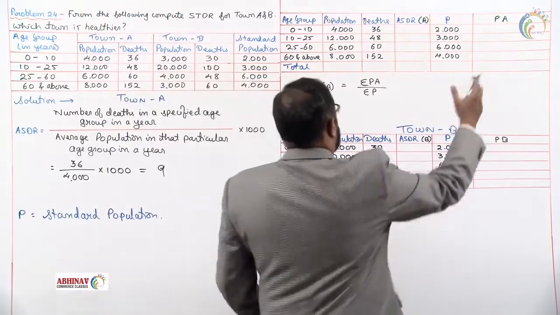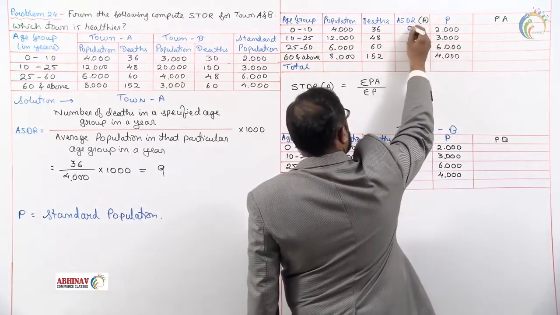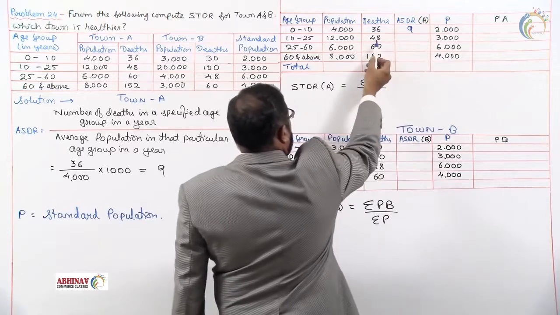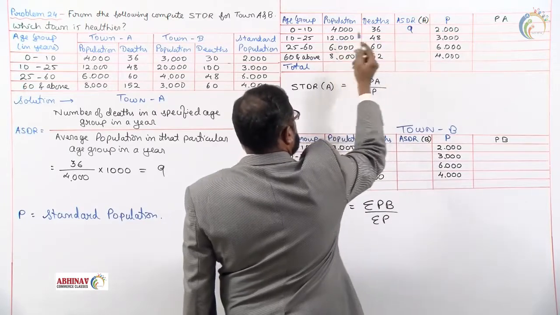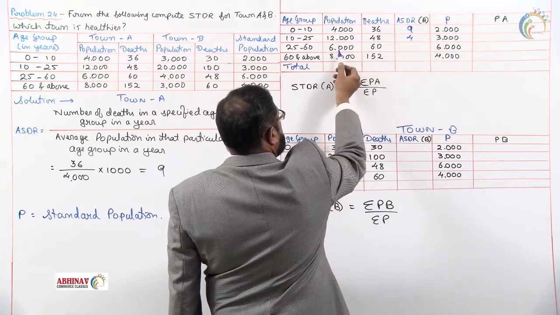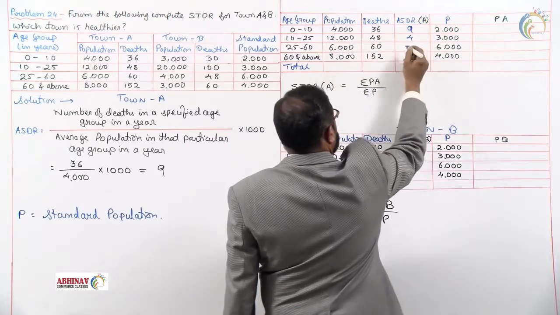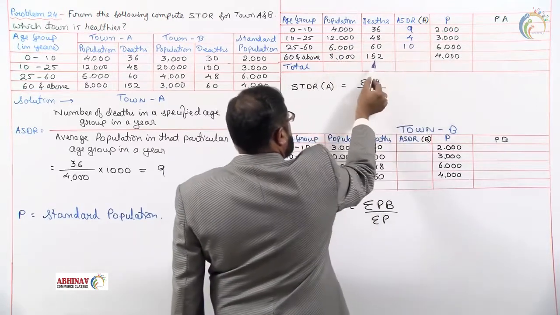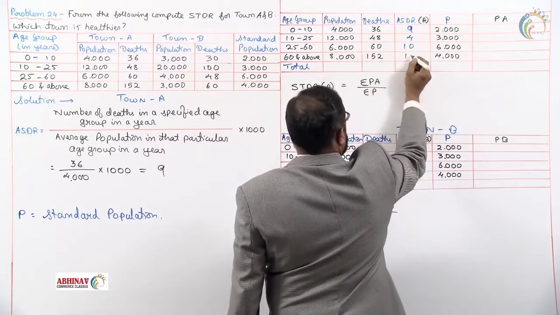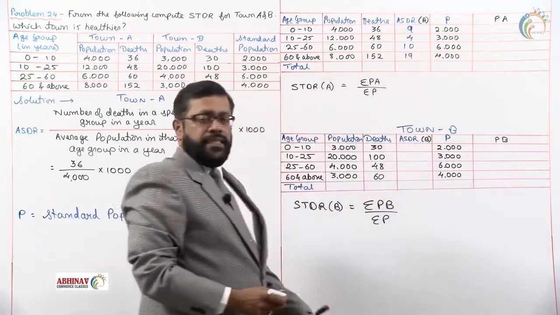Let us record that, ASDR as 9. Then 48 divided by 12,000 into 1,000 is 4. 60 divided by 6,000 into 1,000 is 10. 152 divided by 8,000 into 1,000, we get 19.